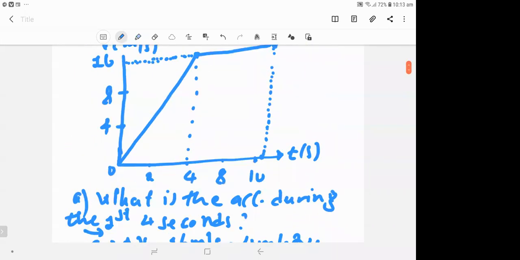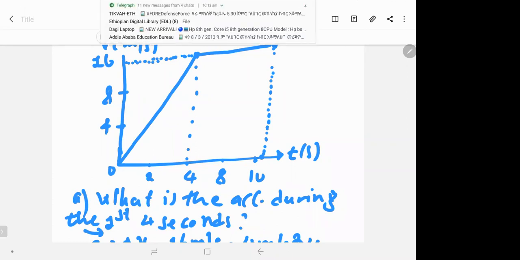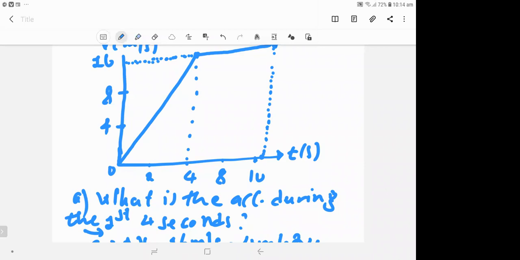What is the type of motion during the first 4 seconds, for example from 0 up to 4 seconds? What type of motion does this show? Uniformly accelerated motion.